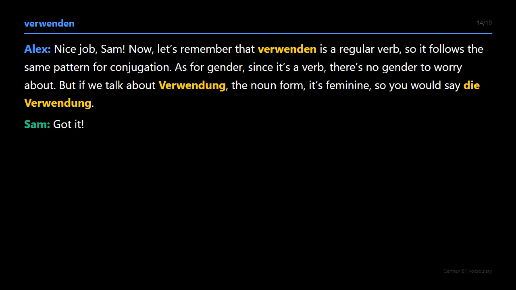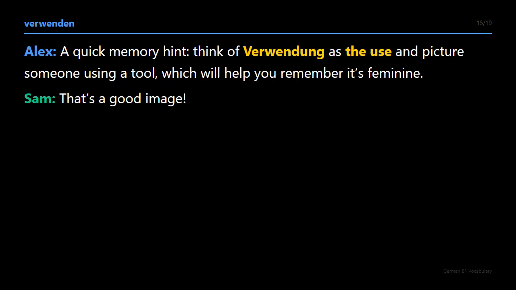Got it. A quick memory hint: think of Verwendung, the use, and picture someone using a tool, which will help you remember it's feminine. That's a good image.